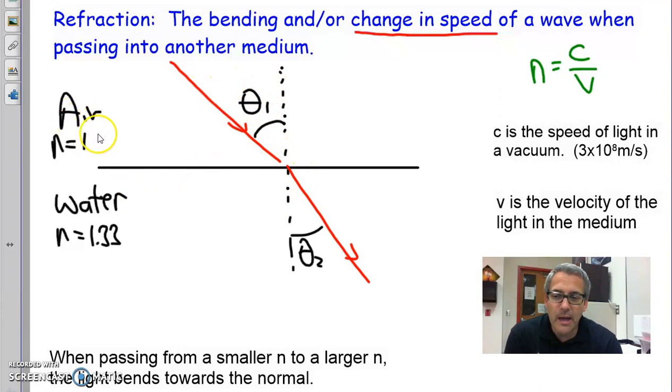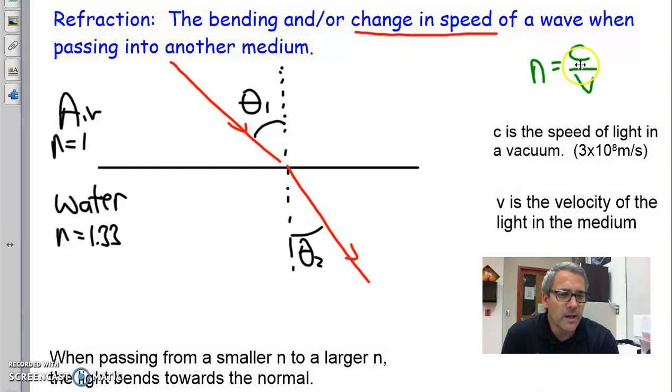Here in this picture, we have air and we have water. Air has an index of refraction of about 1, and the reason is this relationship right here. n is a ratio between the speed of light in vacuum to the speed of light in the medium. So in air, we get a value of 1 because light doesn't really slow down when it goes into air.